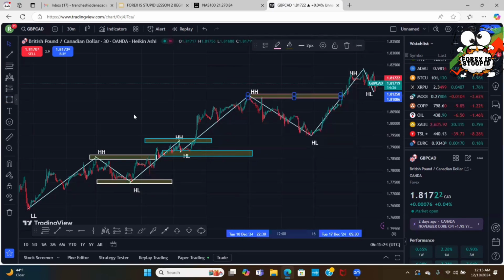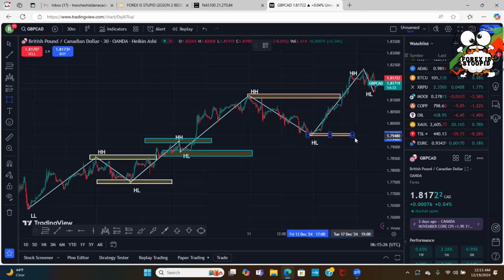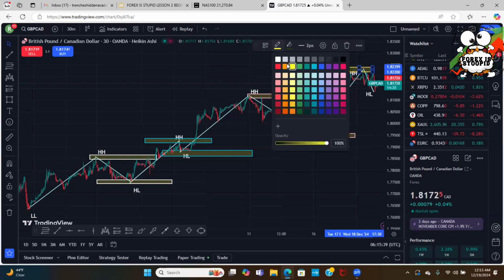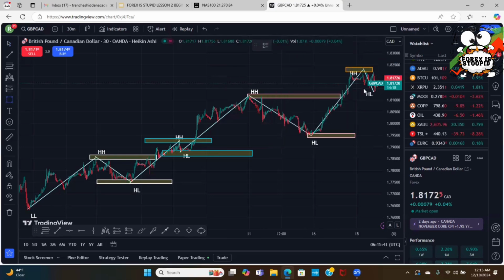To this low. And then this high. And then this particular low. All right, so now we got the highs and the lows all drawn up, right?